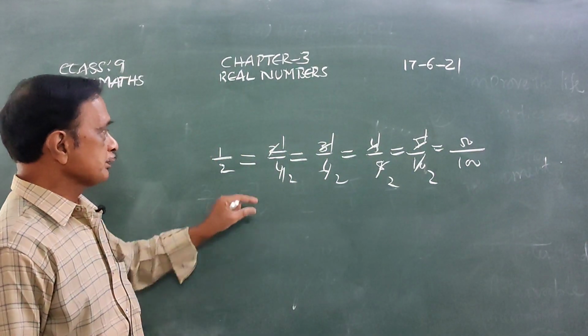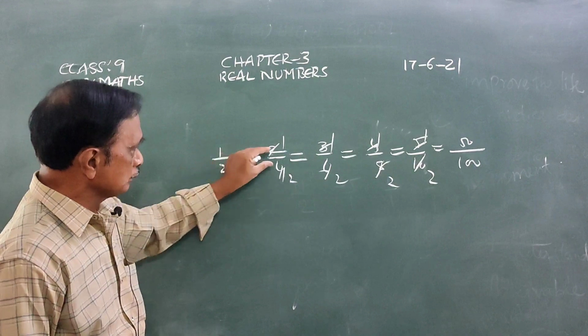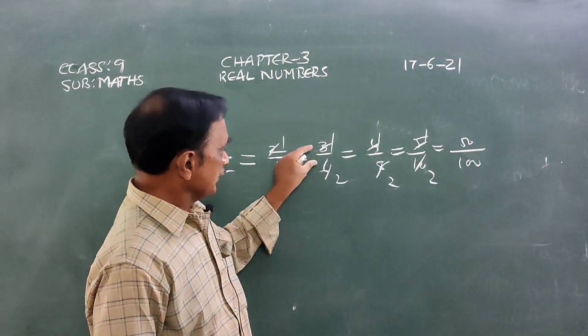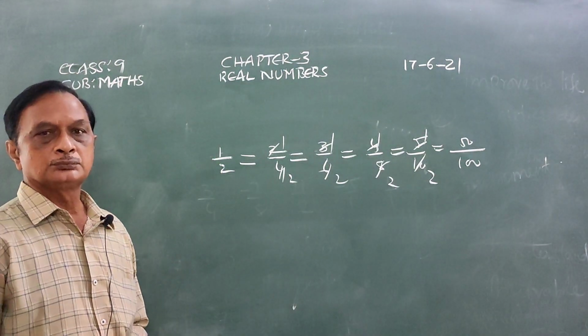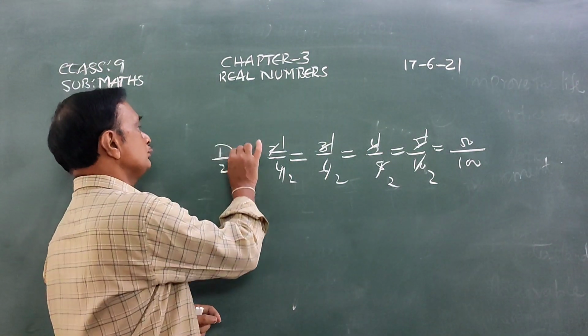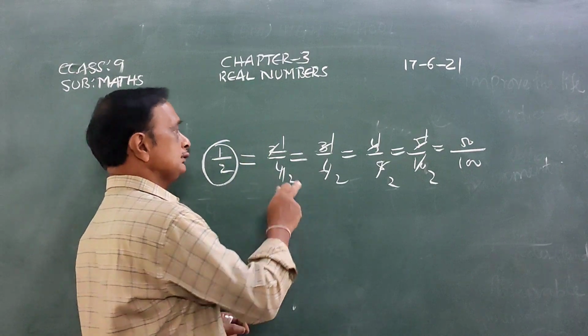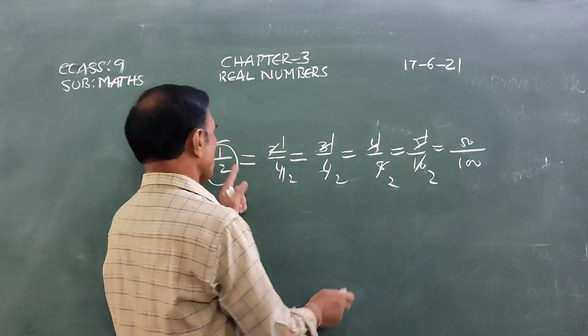So if you want to express all these rational numbers, 1 by 2, 2 by 4, 3 by 6, 4 by 8 and so on, we use this 1 by 2 only. We represent all these fractions or rational numbers in the form of 1 by 2 only.